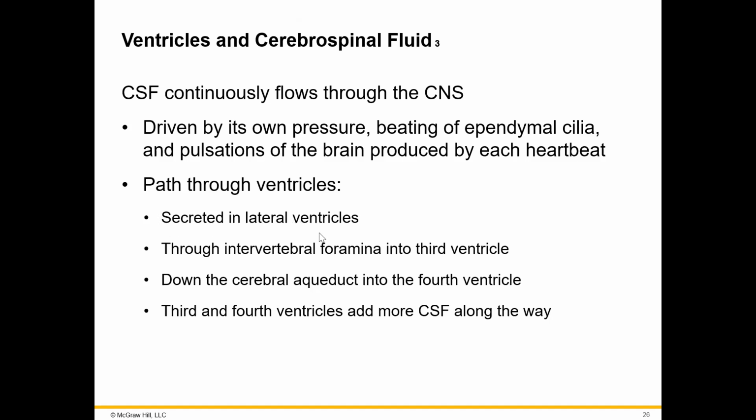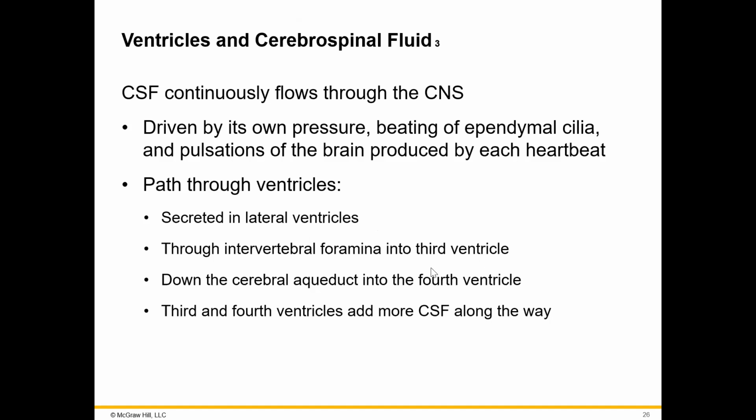We have lateral ventricles, and through the interventricular foramina, this foramina is going to allow the cerebrospinal fluid that is secreted in the lateral ventricles to come down from the two lateral ventricles into the third ventricle.